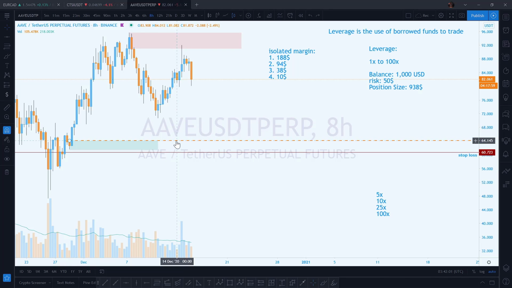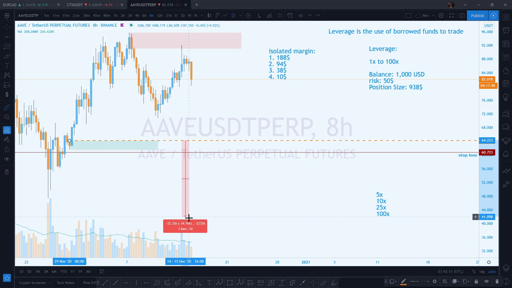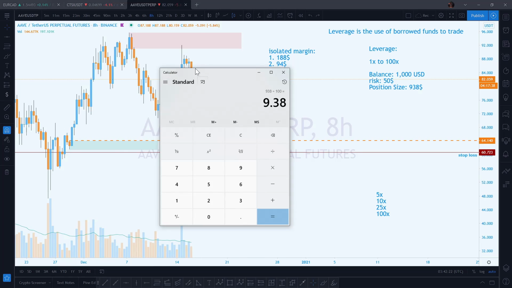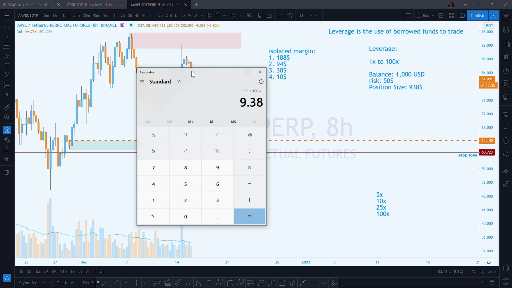So if you are in this trade on 198 and the trade moves against you and you are losing $50, how much more will it go down for you to lose $188? Because that is your liquidation price. It's mathematics. So we will do the simple math of the margin amount, which is 188, divided by the position size. That is my own simple way. Binance may have their own different way, but this is the simplest form you can calculate liquidation price.